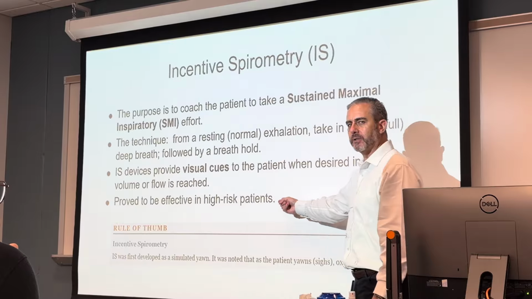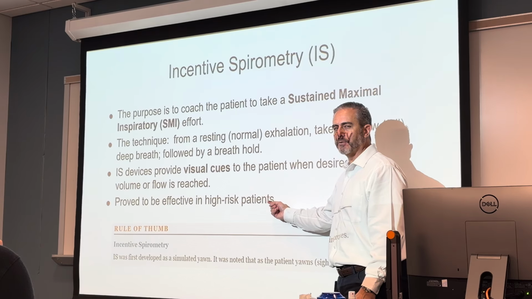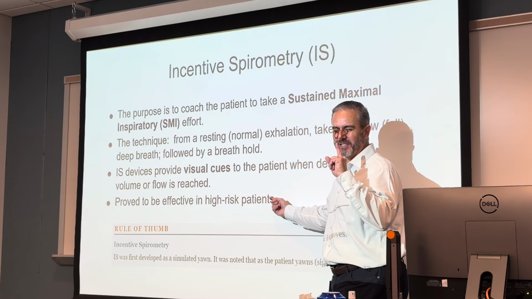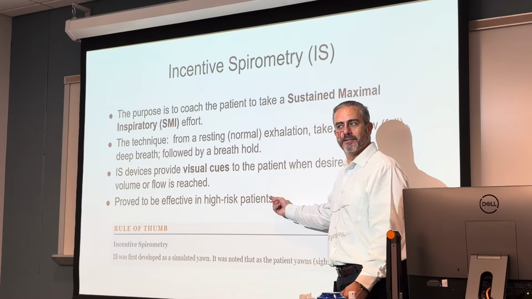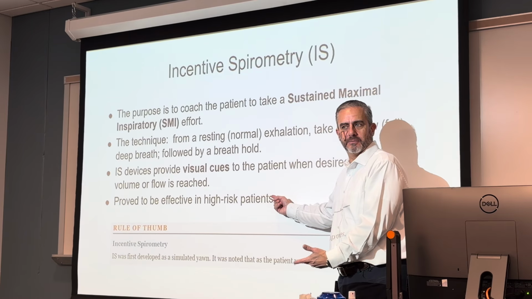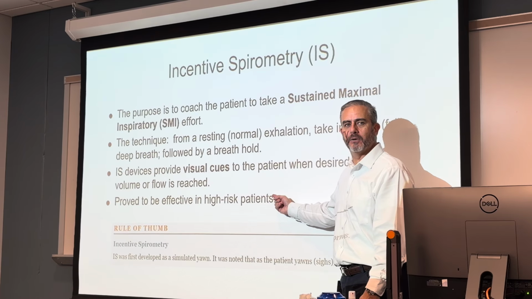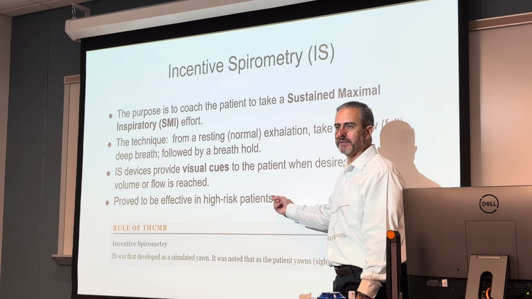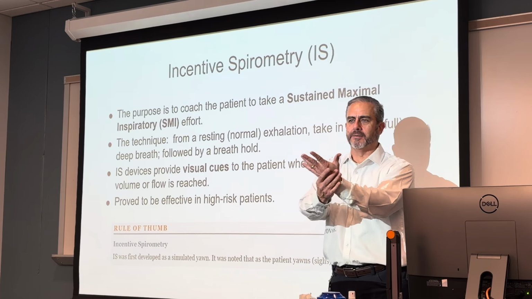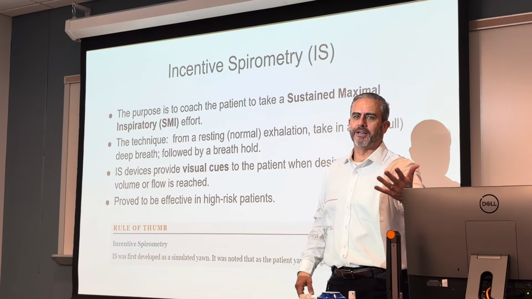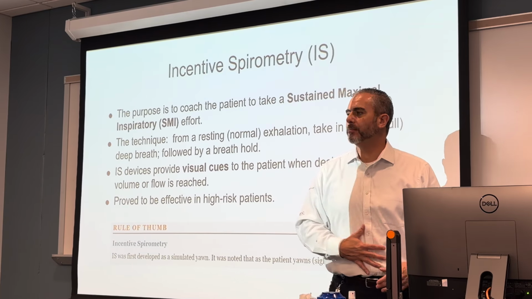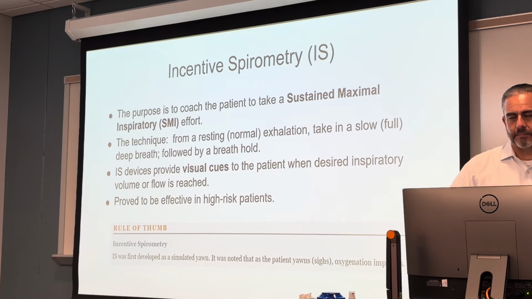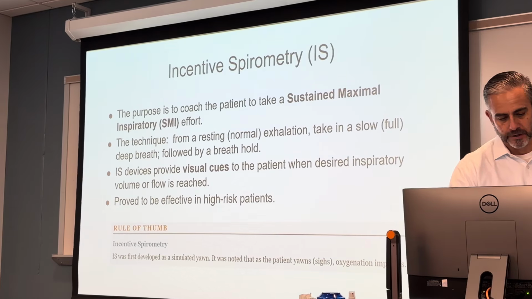Who's the high-risk patient? The post-op patients. And again, what type? The guy who had his foot done? No. The guy who had his hand put in a cast? No. The person who had chest or abdominal surgery. That's the high-risk patient this therapy would benefit the most from.